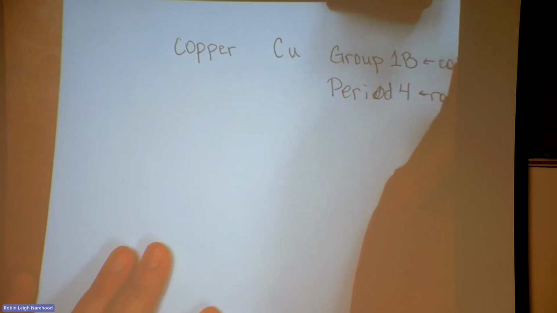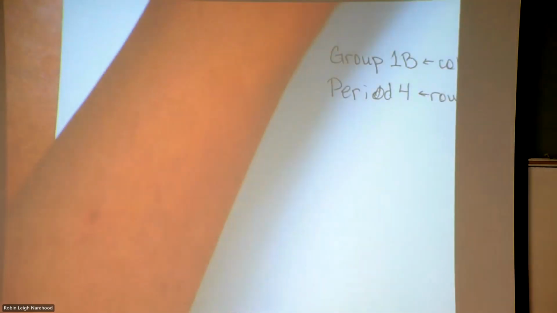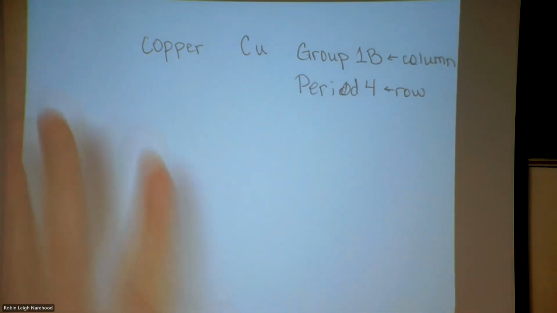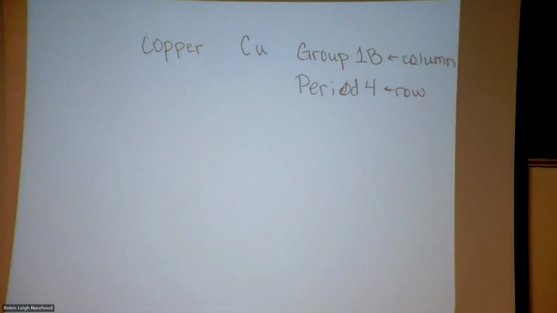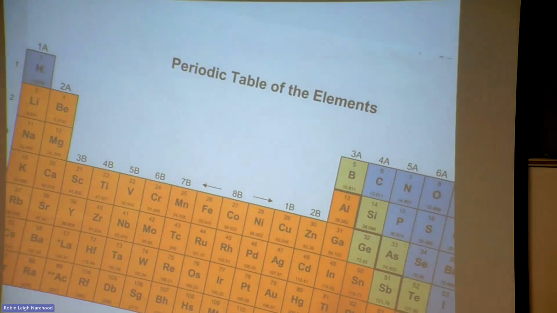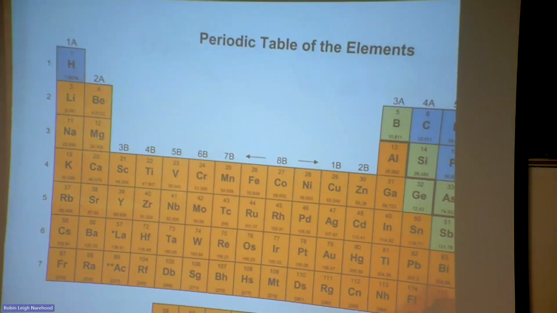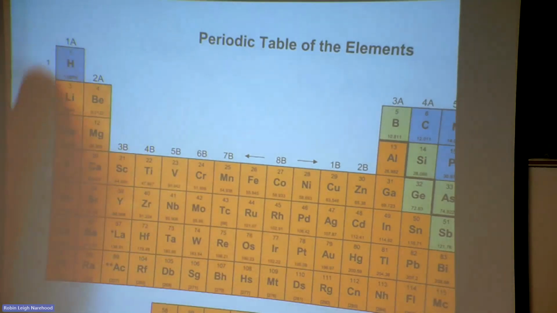This is its column. Basic information, but you still need to understand it. If you're talking about what period something is in, then you're looking at these numbers.